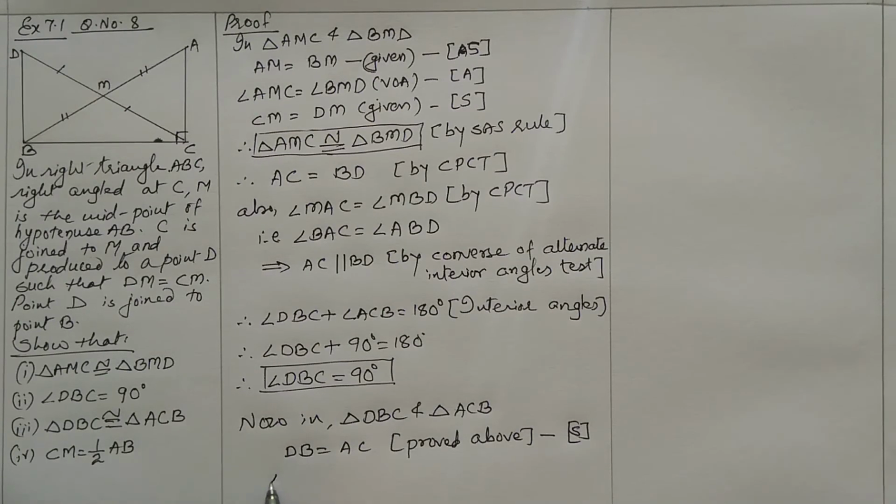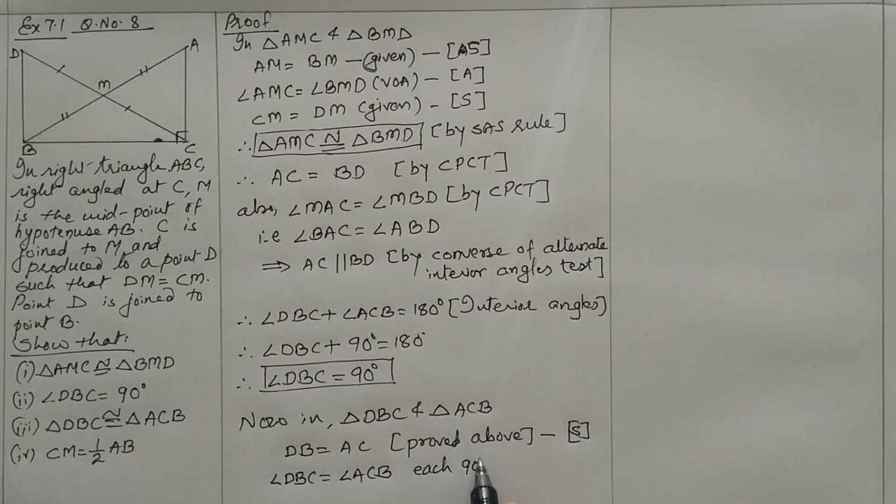Then angle DBC is equal to angle ACB, each 90 degrees. So this is one pair of corresponding angles, and BC is equal to CB, reason common side.